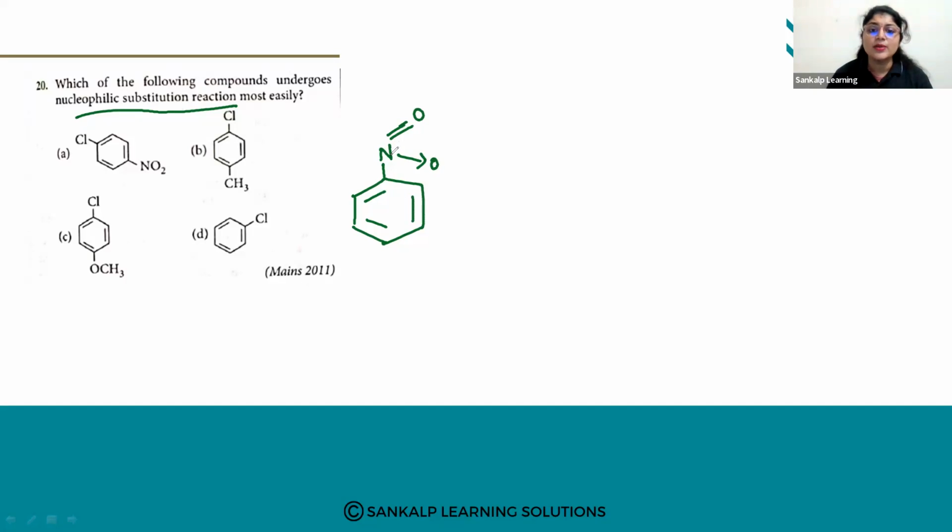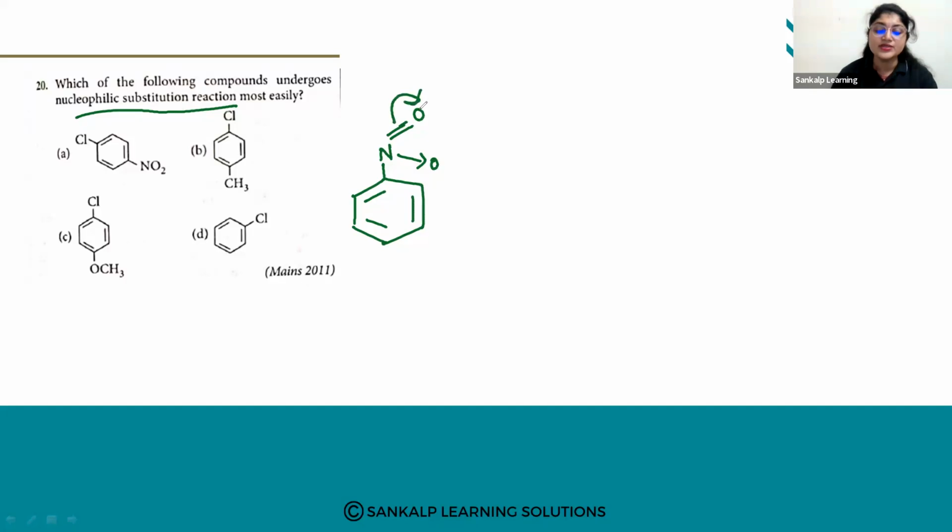As you see, among the nitrogen and oxygen atoms, the oxygen is more electronegative than nitrogen. So it will tend to pull the electrons towards itself. As a result, this nitrogen will be electron deficient. The electrons from the double bond will be pulled towards the oxygen, as it is highly electronegative.